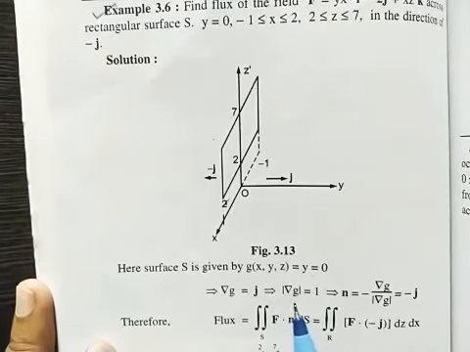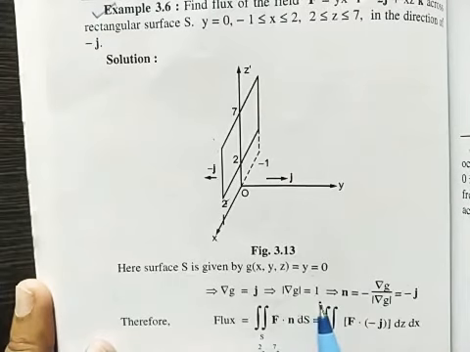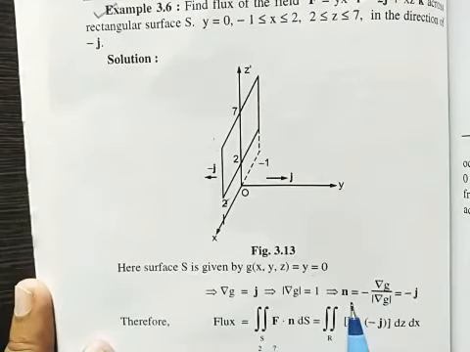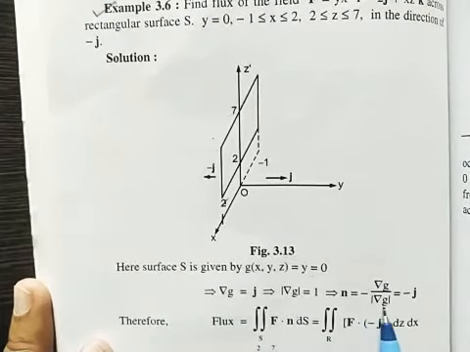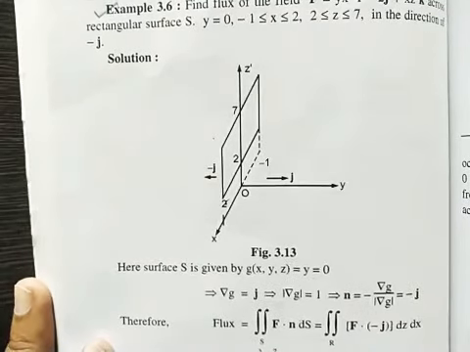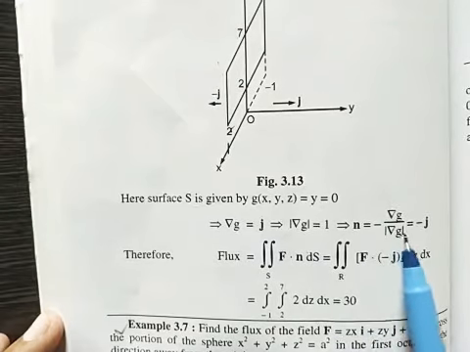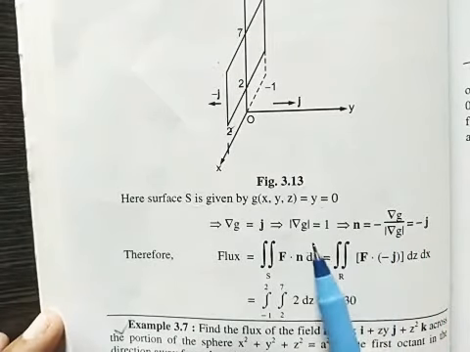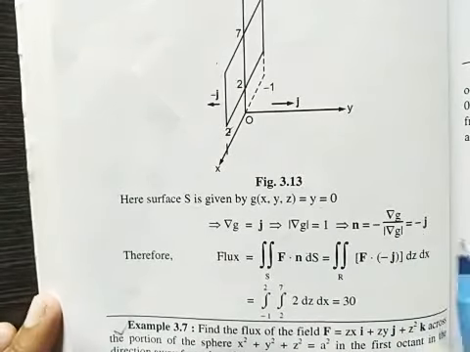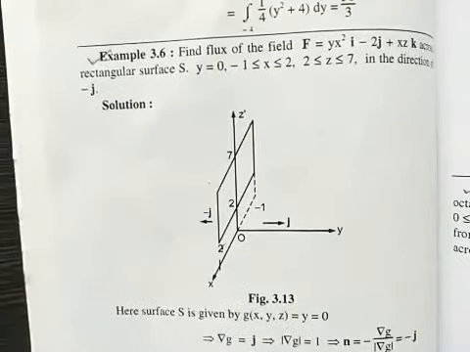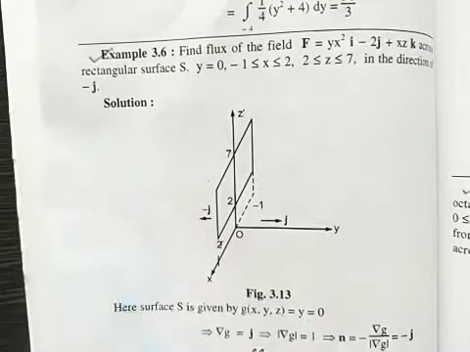Therefore mod of del g will be square root of 1 square, that is 1. From this n will be del g upon mod of del g. Why are we taking the minus sign? So del g upon mod of del g, that will be minus j, because we have to calculate it in the direction of minus j. It is given in the question.